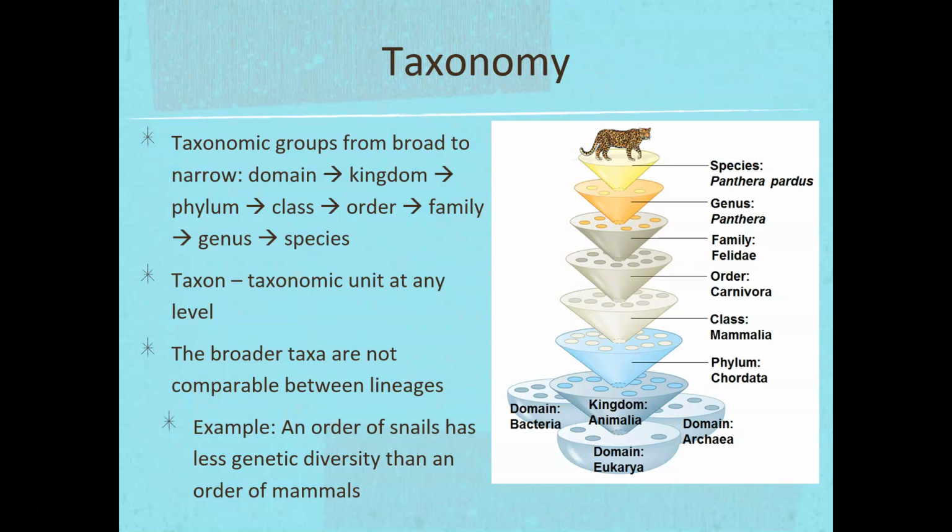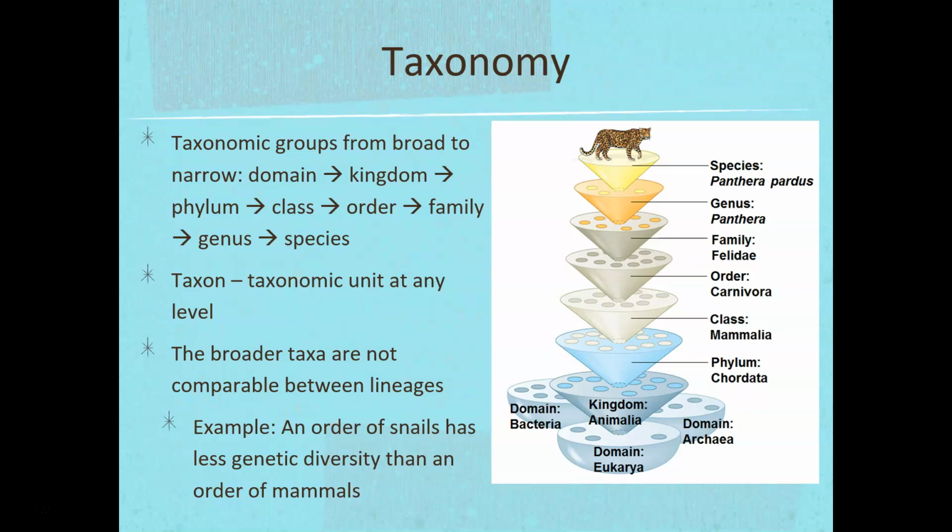The broader the taxa, the less useful it is from an evolutionary standpoint in order to be comparing their lineages. So that doesn't necessarily mean anything to their evolutionary history. It can, but you've got to dig in a little deeper.